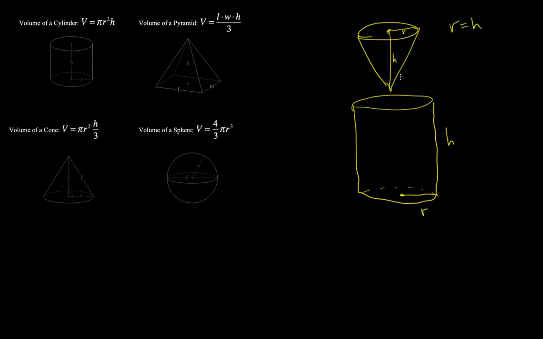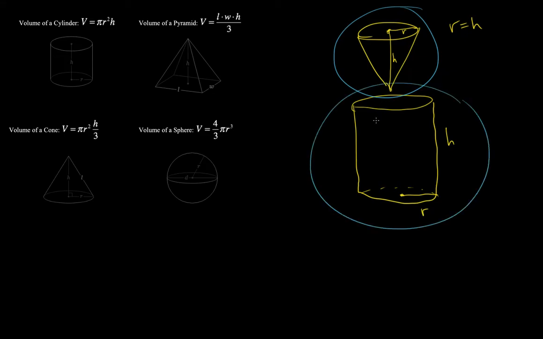How much empty space is left over in the cylinder after it is filled with sand from the cone? So basically, we just need to find the volume of this and find the volume of this and compare it to see how much would be in each one.